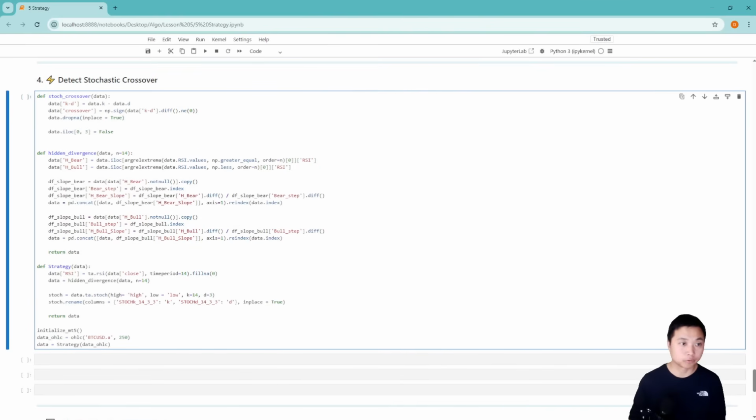This should be the very first row, not the first few rows, sorry. So we force the very first row's crossover value to false, so we don't accidentally detect a crossover at the very beginning.